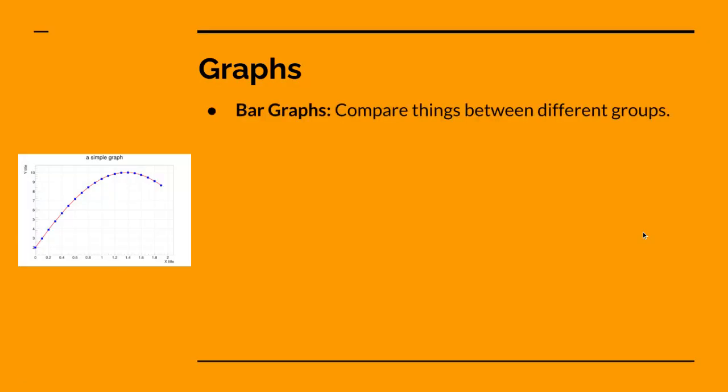Okay, so defining them. So bar graphs, these are the graphs that compare things between just different groups. I'll just keep it at that. So when you're looking at an assortment of data, just remember that it's comparing things between groups. So it would be comparing things not necessarily over time. It can be shown over time.